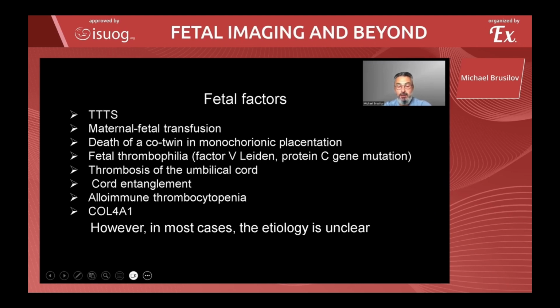The fetal factors, bleeding may be because of TTTS syndrome, maternal-fetal transfusion, death of co-twin in monochorionic placentation, fetal thrombophilia, thrombosis of umbilical cord, cord entanglement, alloimmune thrombocytopenia, COL4A1. However, in most cases, the etiology is unclear.